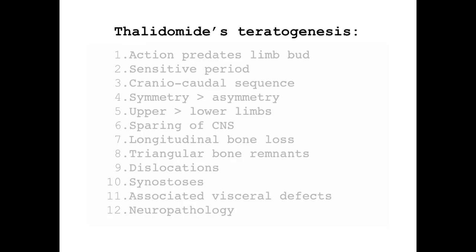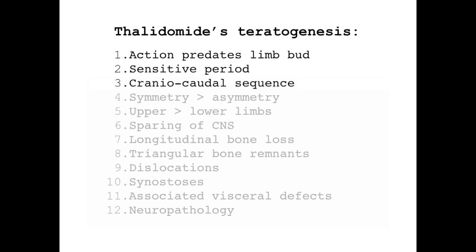Now, any hypothesis of thalidomide's teratogenesis must explain the following phenomena. First of all, that the drug action predates the appearance of the limb bud, and secondly, that there is a thalidomide-sensitive period in the human embryo of 21 to 42 days gestation. These facts 1 and 2 were established in the early days of the embryopathy by Lenz in Germany.